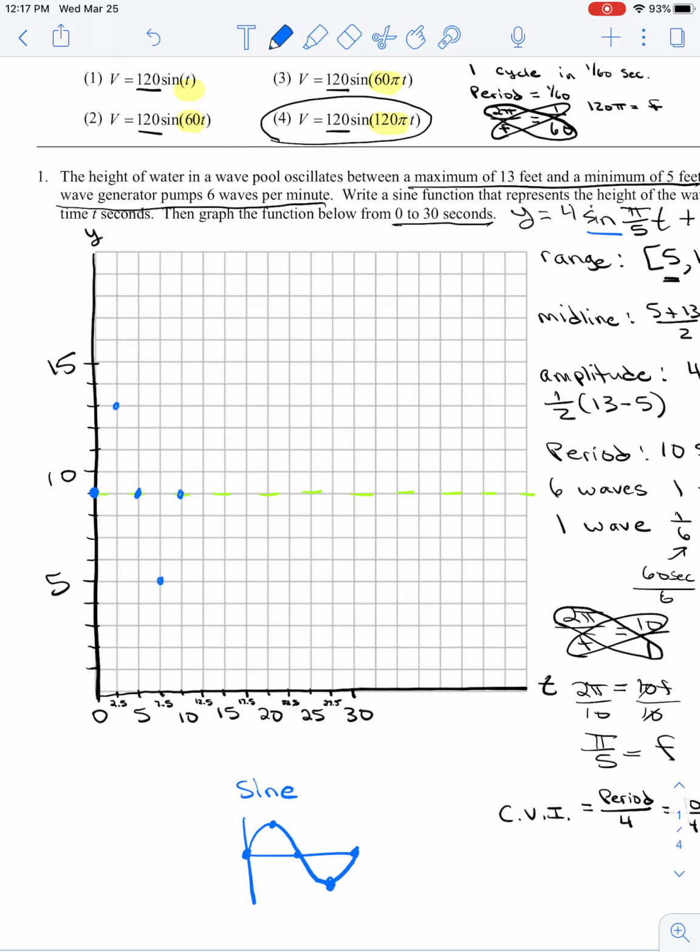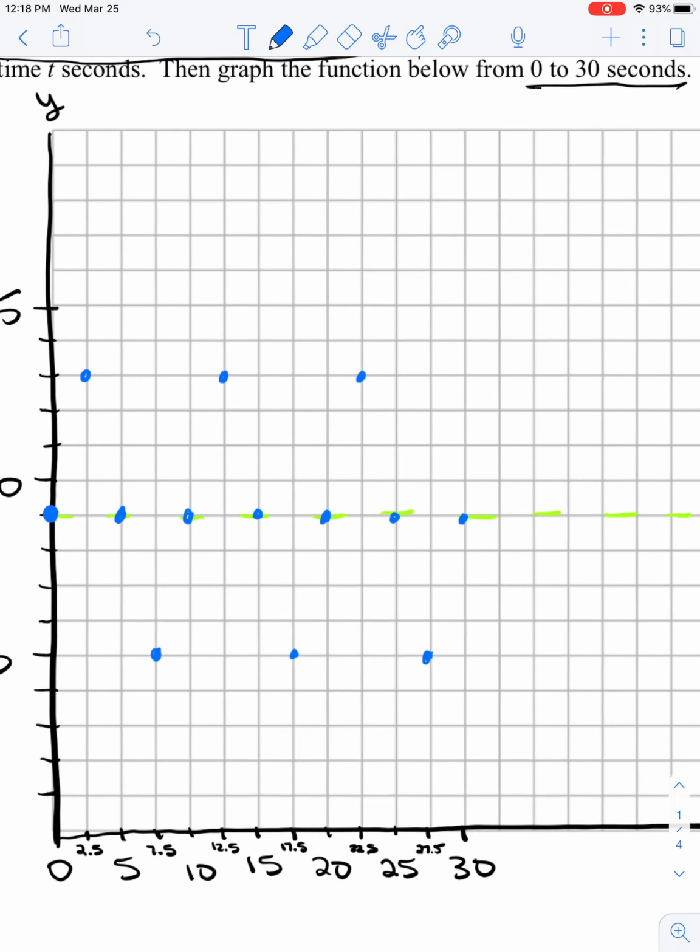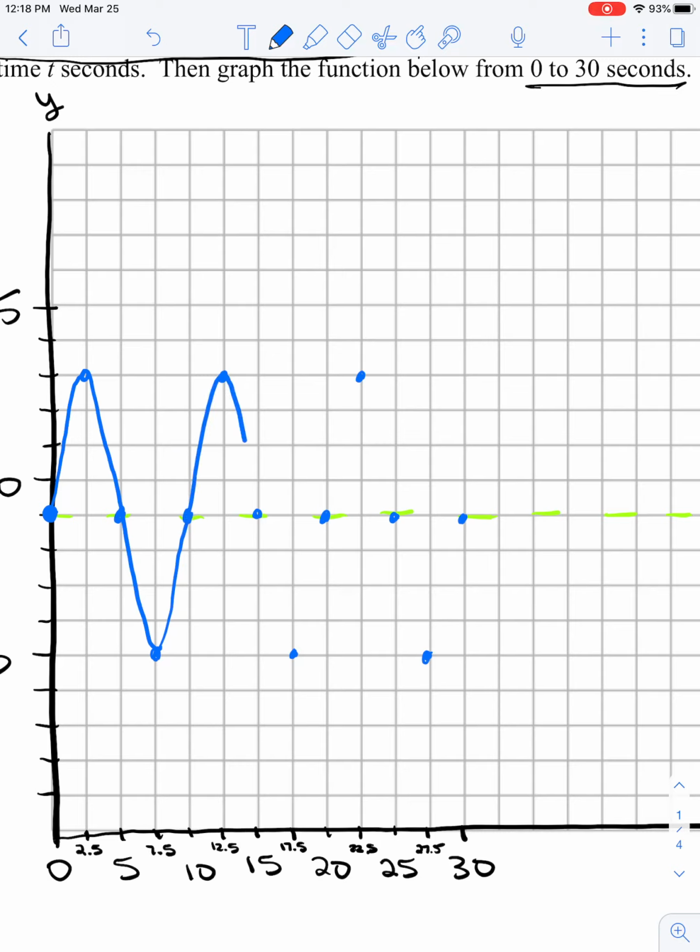Then midline, max, midline, min, midline, max, midline, min, midline. Make this a little bit bigger and try to draw my curve. Nice and smooth. Connecting to every point. There we go.